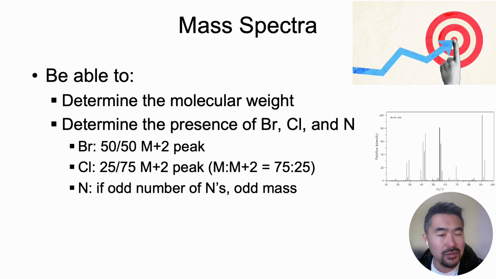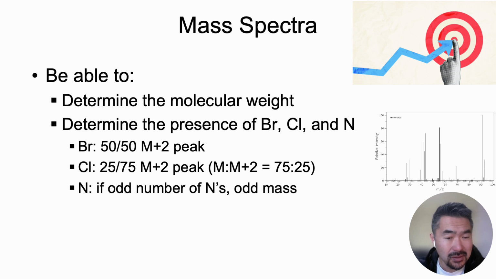Now, how do you determine nitrogens? If you have one nitrogen in your molecule, it brings in an extra hydrogen, because it can bond to 3 things instead of 2.